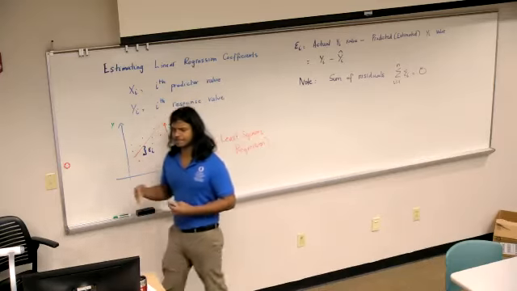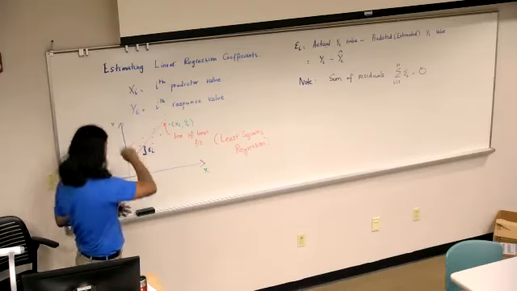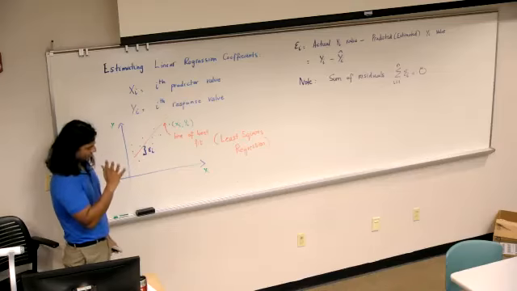In other words, that is a line that sort of averages all the possible lines, goes through the middle. So clearly that is an average.